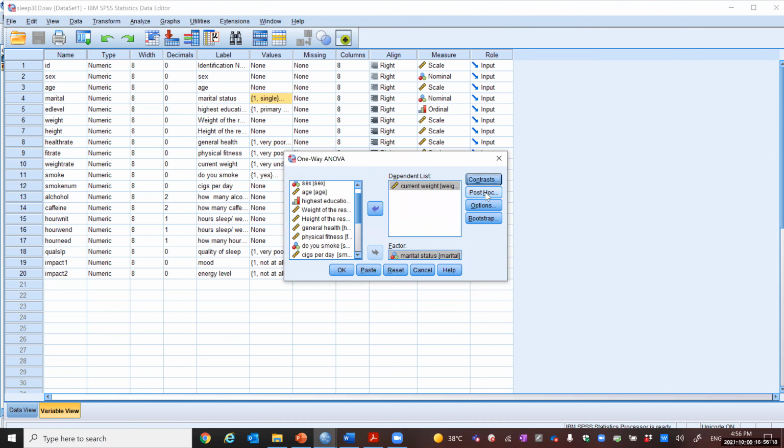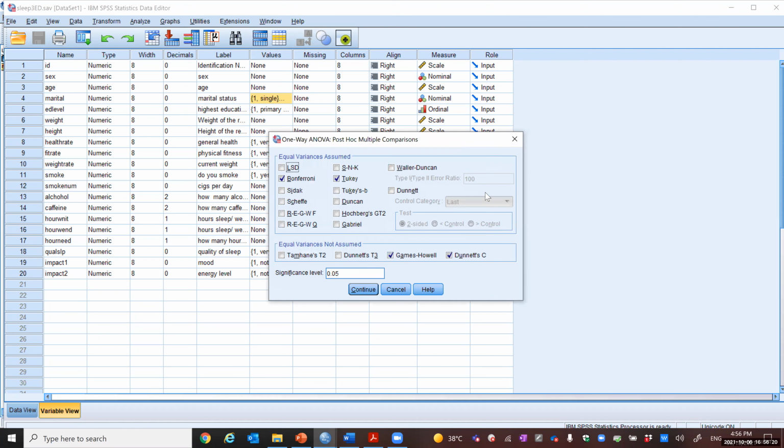Now if you click here on Post Hoc, this gives me some options. You can see a list of tests arranged in two boxes. The first is equal variances assumed, and the second is equal variances not assumed.